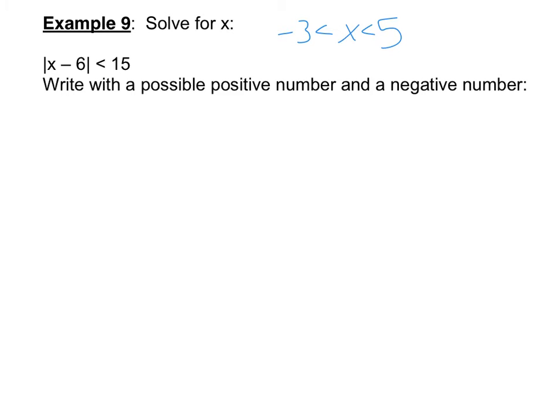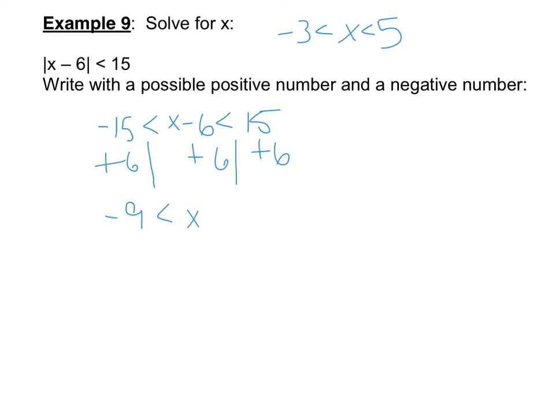Now, again, double check. Is there anything on the same side of the inequality as the absolute value? No. So everything's inside of it, so we're good. So watch. Instead of setting up two separate, what we do is this. You set up the and statement. Add the 6. So you get negative 9 is less than x and less than 21.